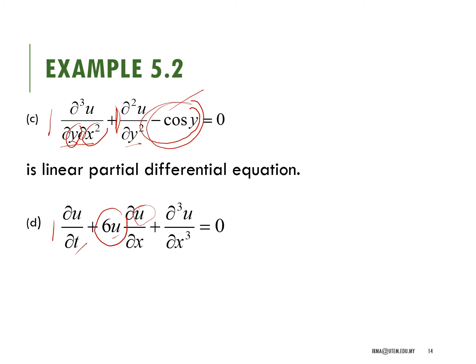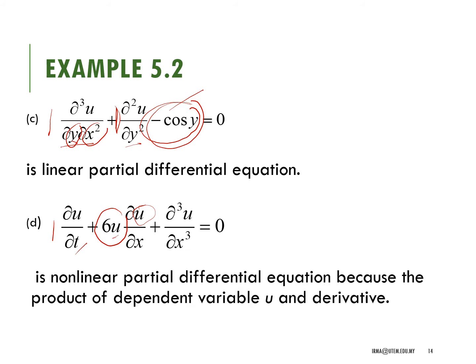So we cannot have this kind of equation in order to say that the equation is linear. Therefore, for D, we say that the equation is a non-linear PDE. Why? Because of the product of the dependent variable u and the derivative. We have a combination of 6u and also the derivative del u over del x.